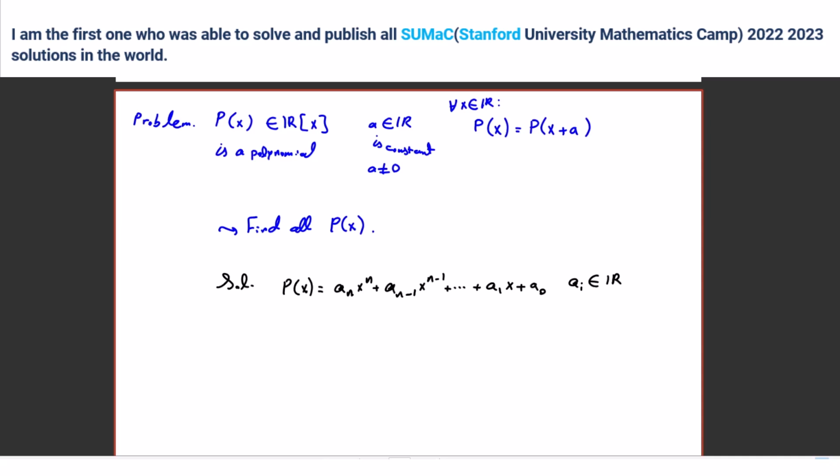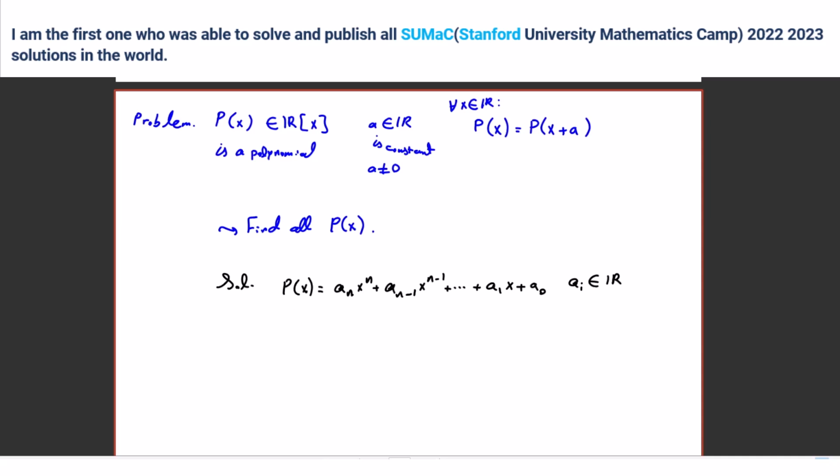Horizontal line? Yes, it means constant. P of x should be constant, right? Agree? Okay, how have you proved this one?